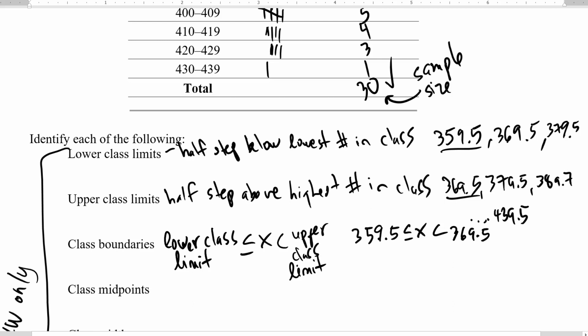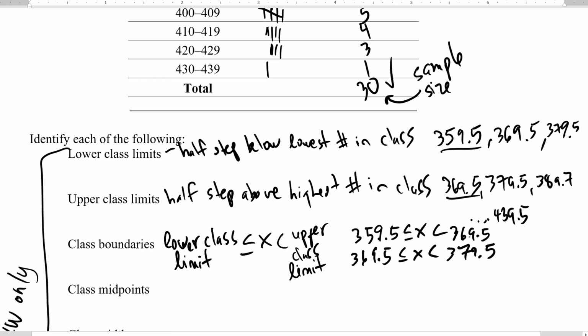The next boundary would be at 369.5 up to 379.5. Well, I said we can't keep that 369.5 in both, right? Notice the lower bound is the one that has the equal to. So the actual number 369.5 would go in the second class. So we go up to that number in the first class, and it's the beginning of the second class.